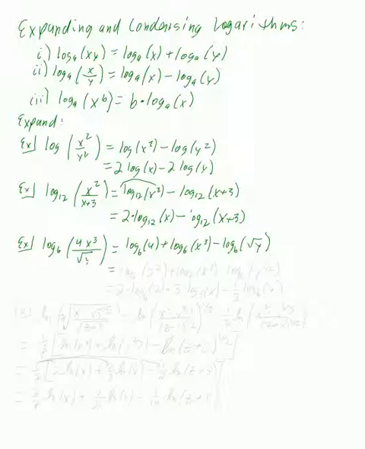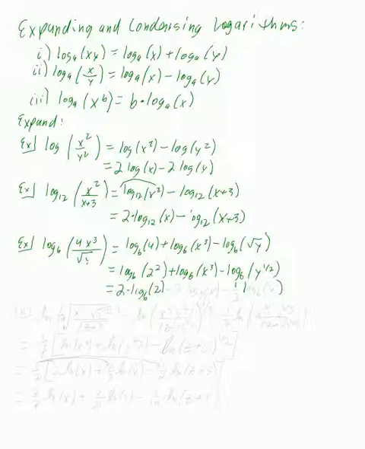I know that 4 is actually 2 to the second power. Sometimes this is necessary, sometimes not so much. Log base 6 of x to the third. Now here, I know that the exponent for y is actually y to the 1/2 power. And now for all 3 of these, I'm going to apply the third rule up above, where I take the exponent and I bring it down in front.